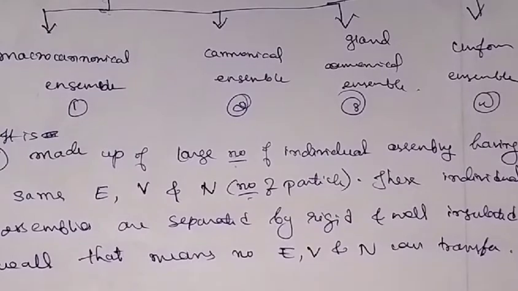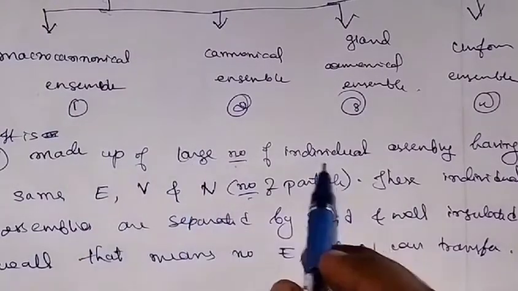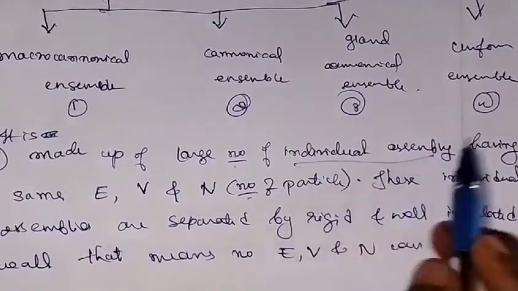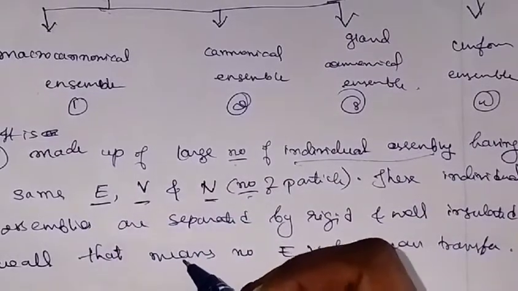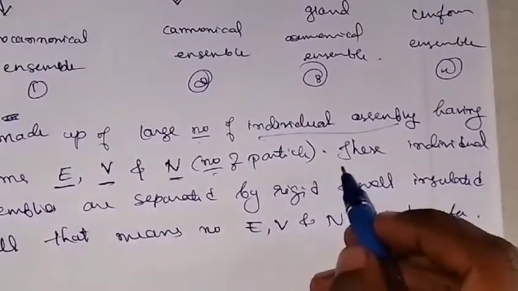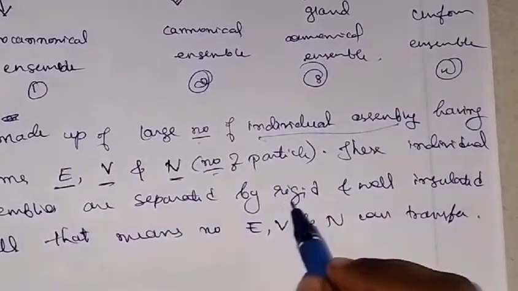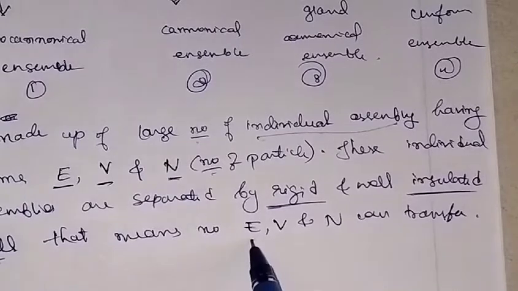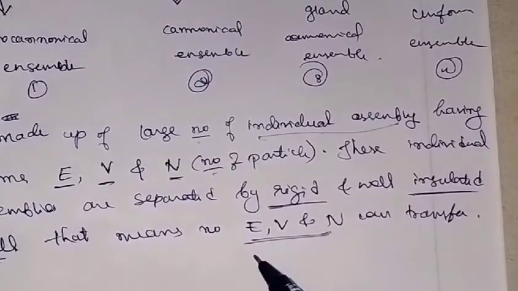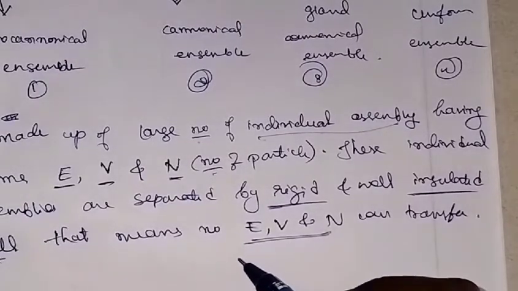What is the definition? It is made up of a large number of assemblies having the same energy, same volume, same number of particles. These assemblies are separated by rigid and insulated walls, which means there will be no exchange of energy, volume or number of particles with the other assemblies.